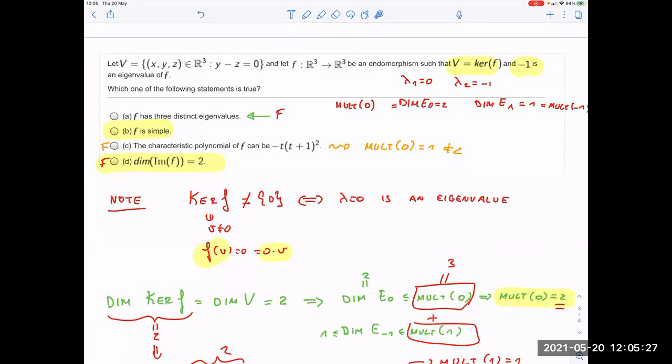Perfect, very well done. So C implies D, and so C cannot be true, otherwise D would also be true. Yeah, very nice, perfect. The dimension of E0 is 2 because E0 is the kernel. And V, you see here, is a plane in R3 going through the origin, so it's a subspace, and it has dimension 2. Okay, good.